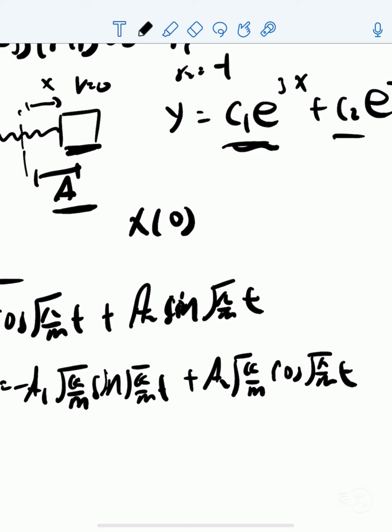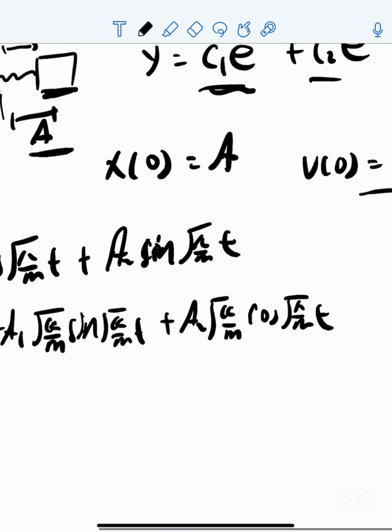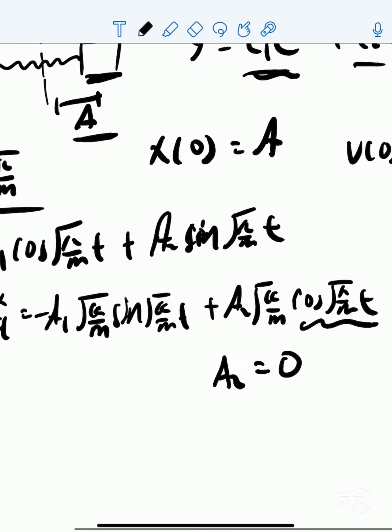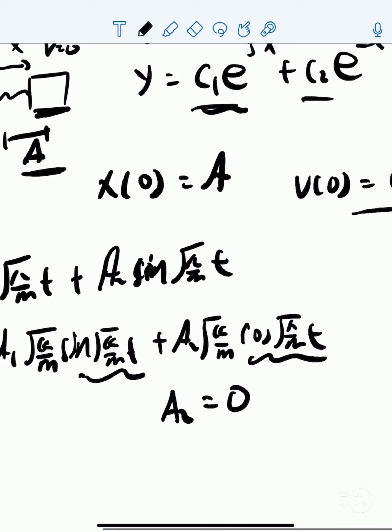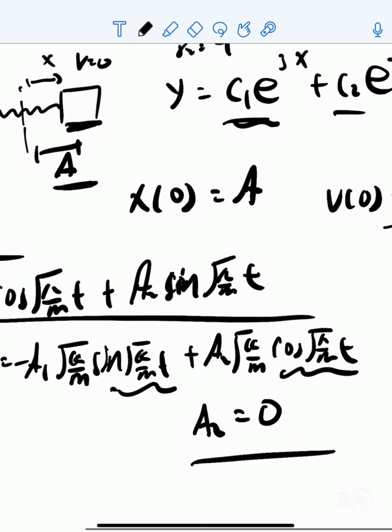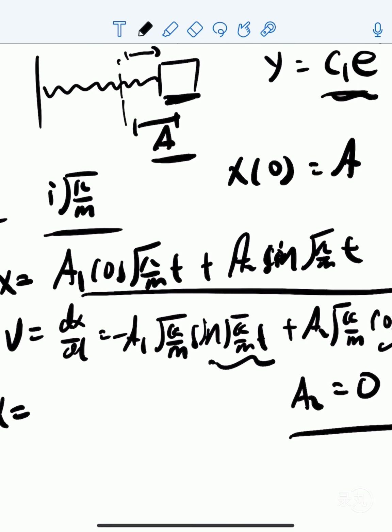When t is equal to 0, x is equal to a and velocity is equal to 0. Plugging in, we see a2 is equal to 0 because cosine 0 is equal to 1 and sine 0 is equal to 0. Then a1 is equal to a. So the solution is x equal to a cosine(√(km) t).